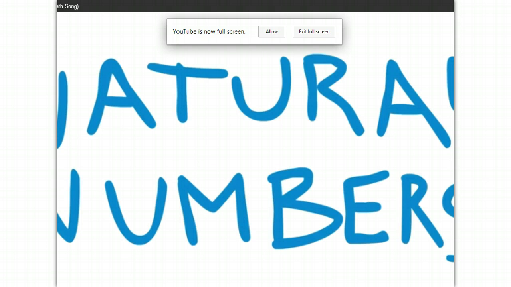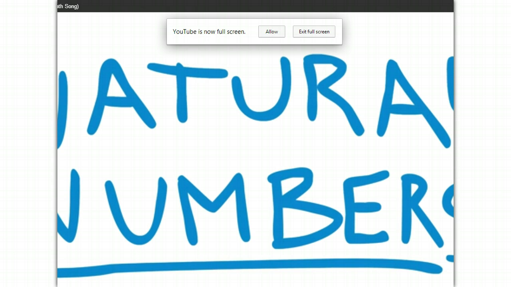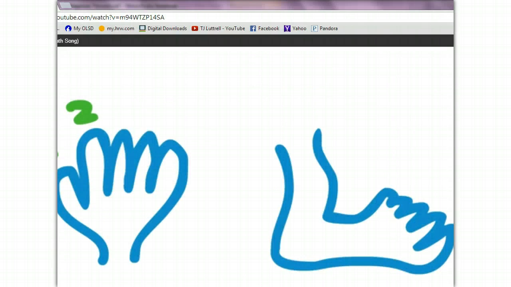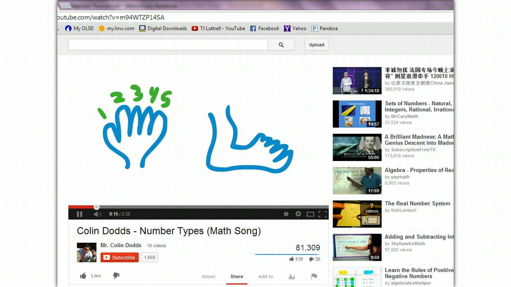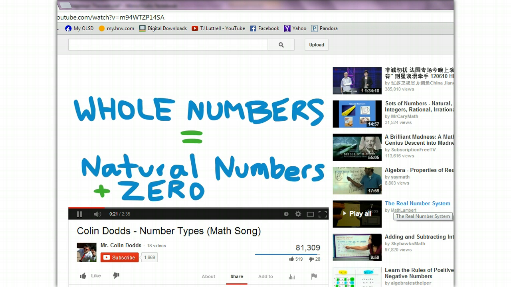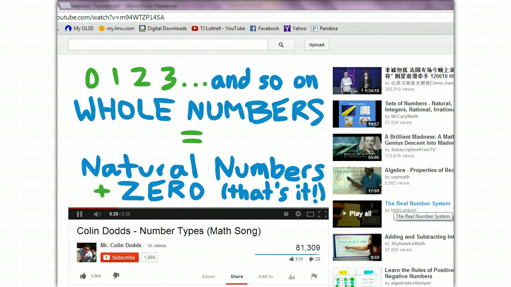Natural numbers are naturally numbers you count on your hands and your feet. 1, 2, 3, 4, 5, 6, and so on. Whole numbers are natural numbers plus 0. That's the only difference. Oh, 0, 1, 2, 3, and so on.